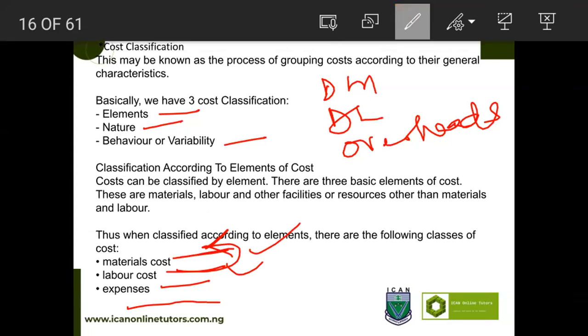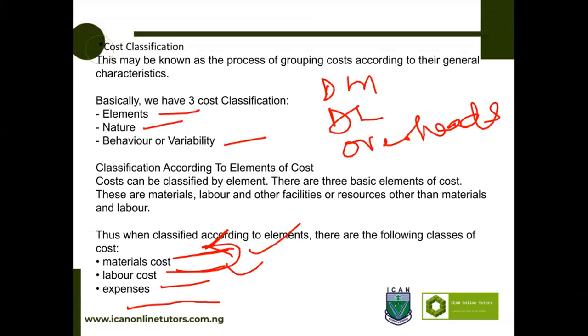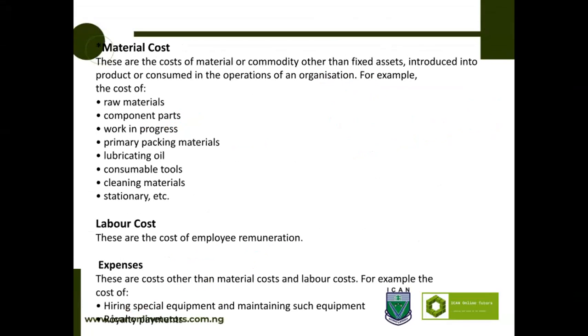Is that taken? Having said that, that is according to element: material, labor, overheads, or you tell me material, labor, expenses. Material cost can actually involve the cost of raw materials, the cost of buying the raw materials.